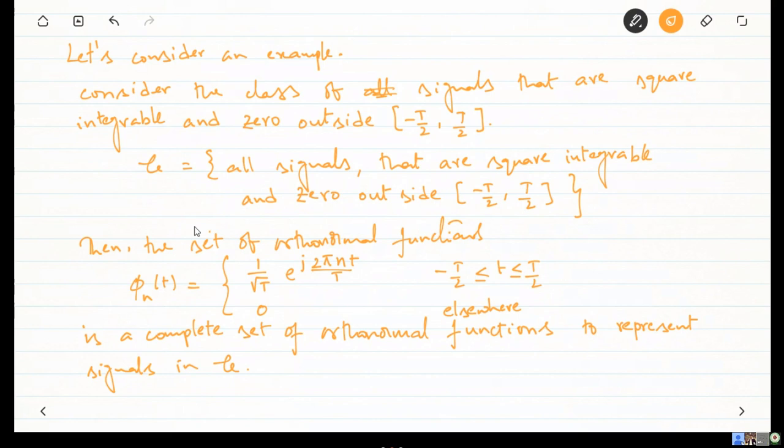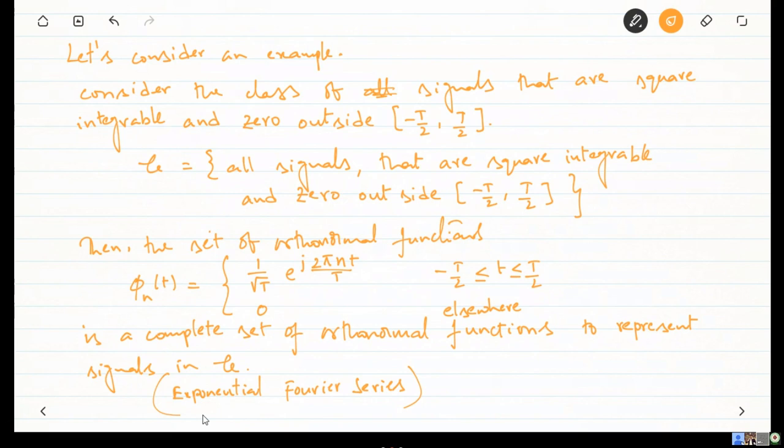So from next class onwards, we will deal separately with Fourier series because that's one of the most important concepts in signals and systems. But these signals are nothing but these exponential Fourier series signals, right? So just remember this word, exponential Fourier series.